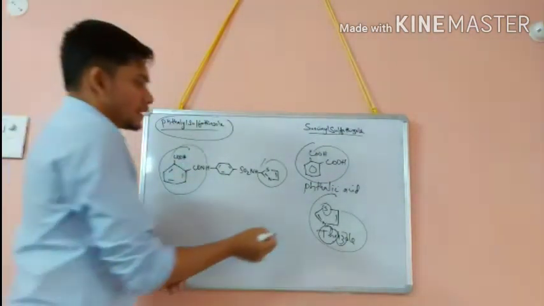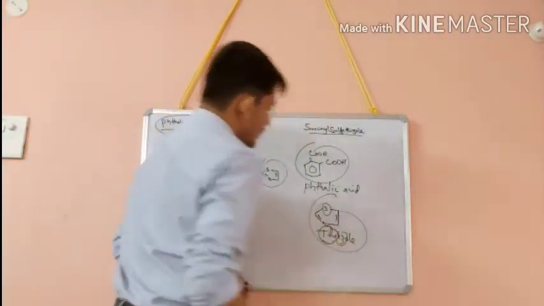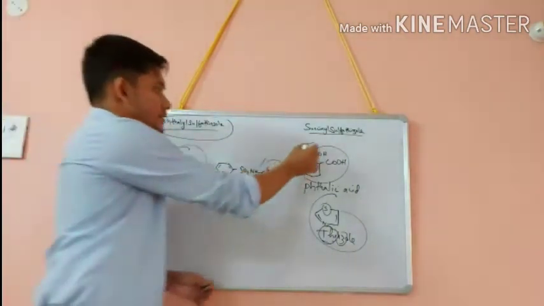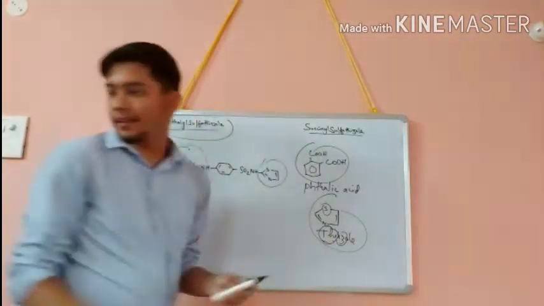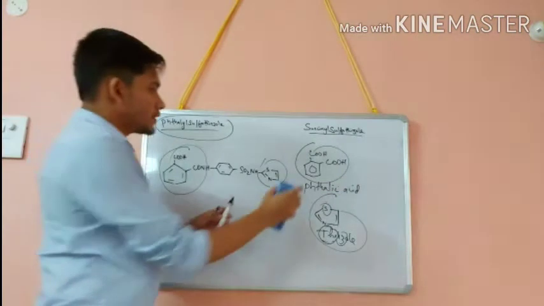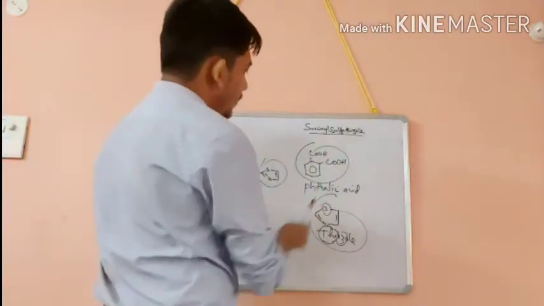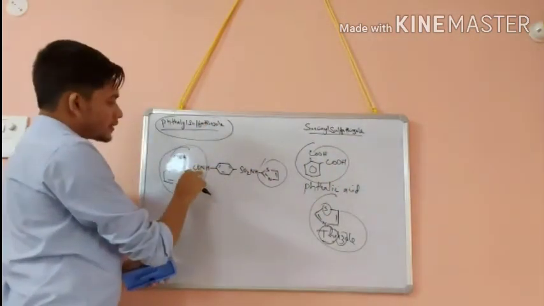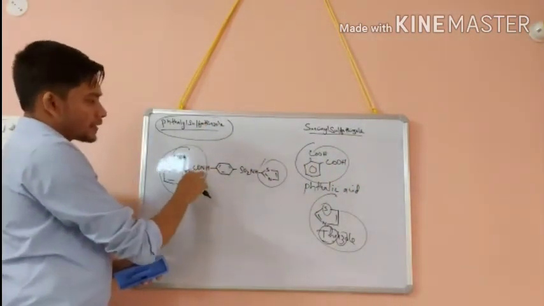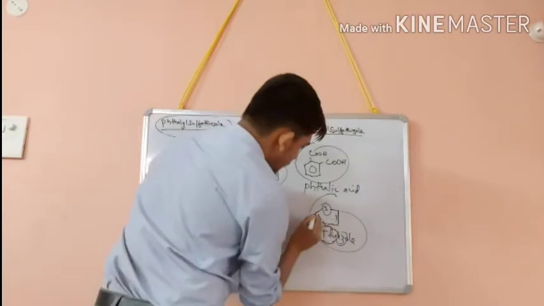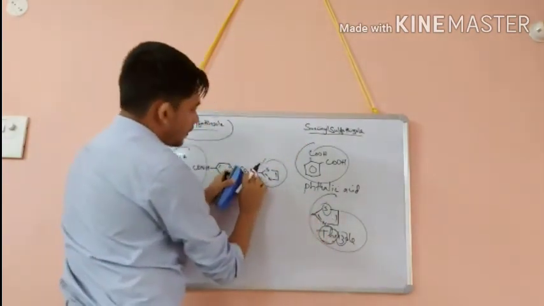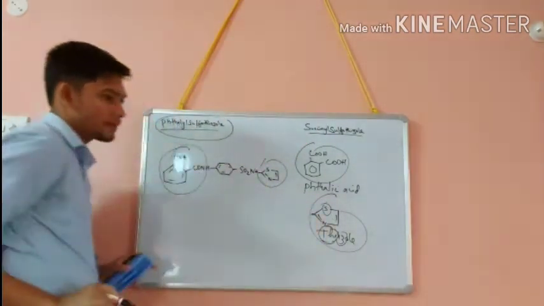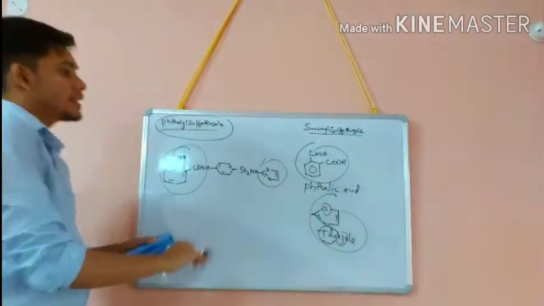That's why this structure is called thiazole and this structure is known as phthalic acid. Remember that here the OH is removed and it is connected with this NH, and this position is attached with the N of this sulfanilamide. So this is the overall structure.